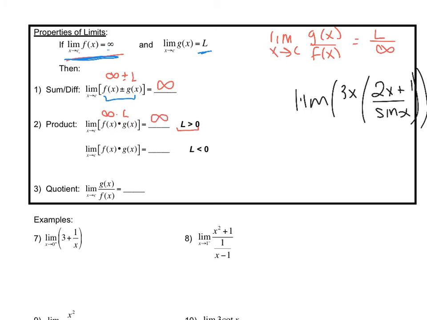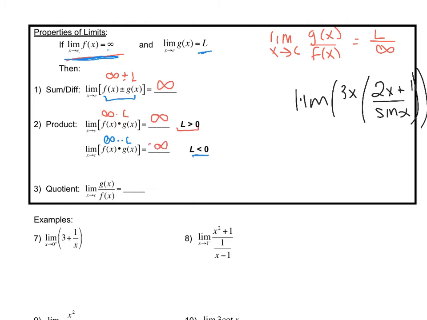But think about it, if L is less than 0, I've still got infinity times some negative value. That would mean I'm taking a positive number and multiplying it by a negative number. My positive number is infinite, and when I multiply that by a negative real number, the result would be negative infinity.